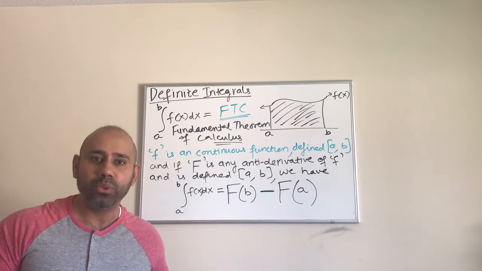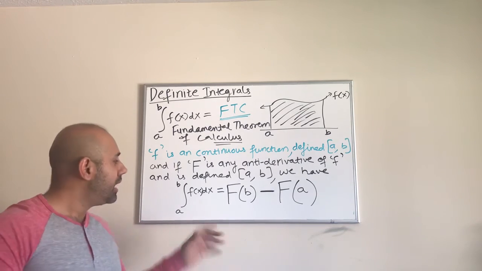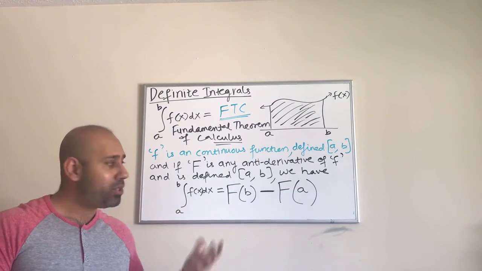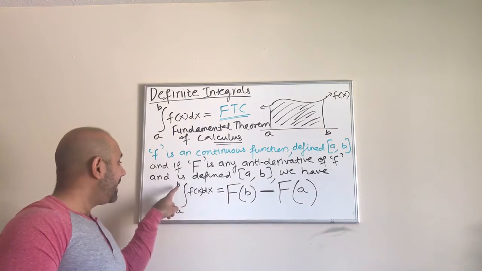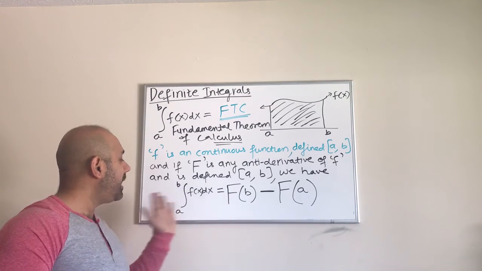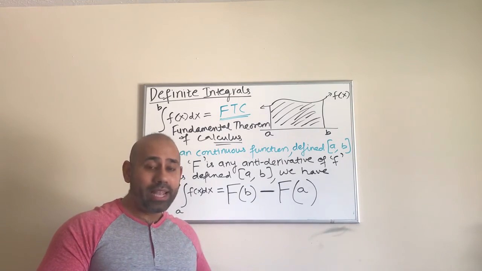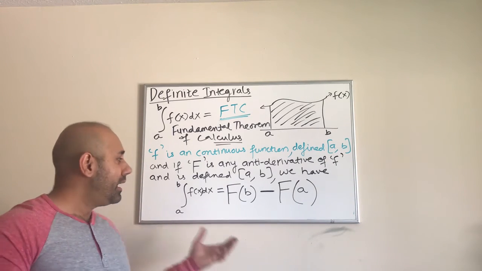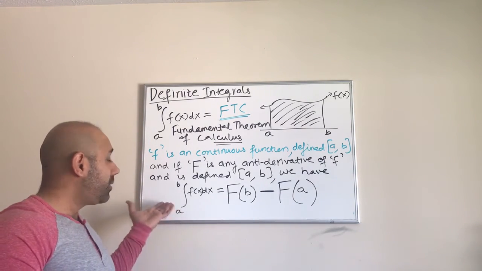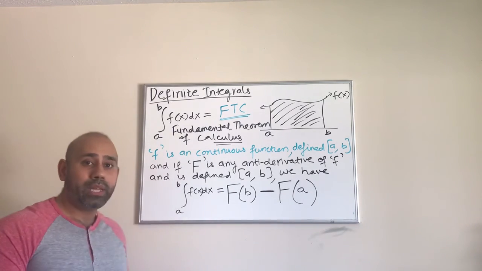We may have to use some rules, or sometimes substitution methods or shortcut methods. Once we have the antiderivative, we evaluate it at the upper limit, b, and also at the lower limit, a, and we take the difference of those two values. That gives us the integral of that function between the two points a and b.